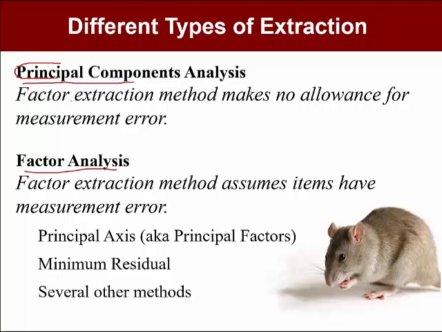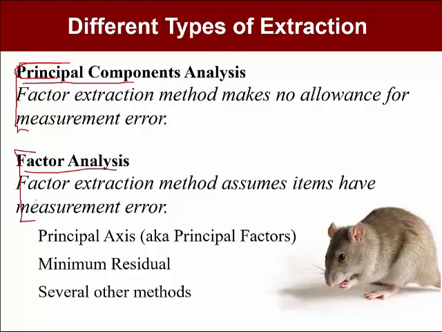The key difference is simply this. When I do principal components analysis, I do not include anything in my formulas that makes an allowance for measurement error. In contrast, when I do factor analysis, I'm going to add something or use an extraction method that makes some kind of an allowance or an assumption that my items have measurement error.